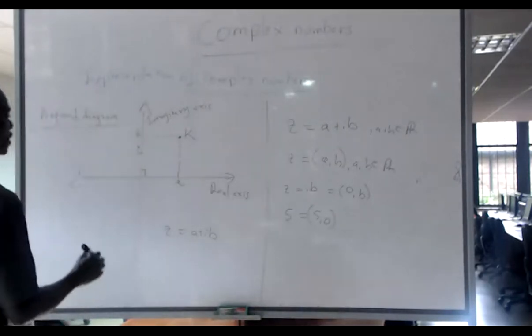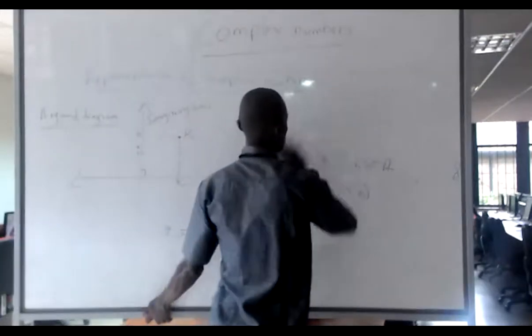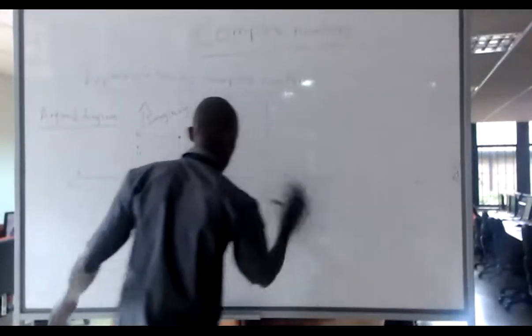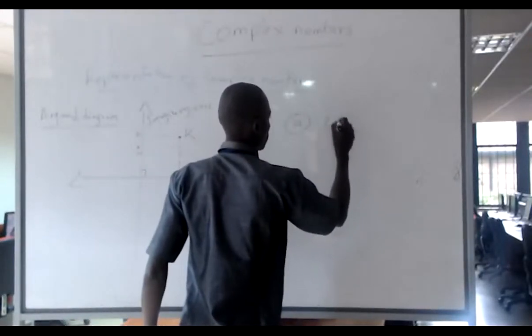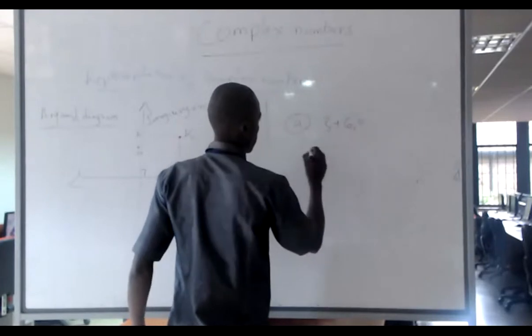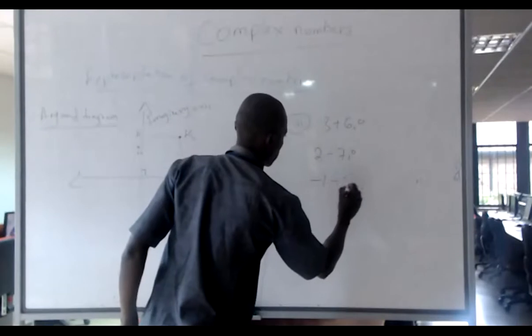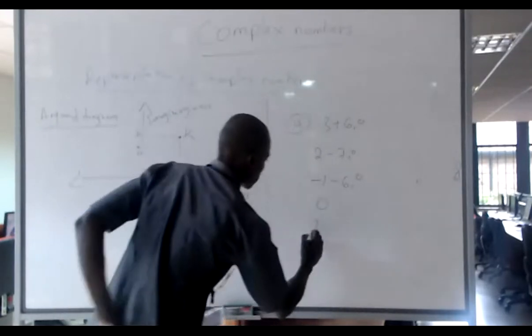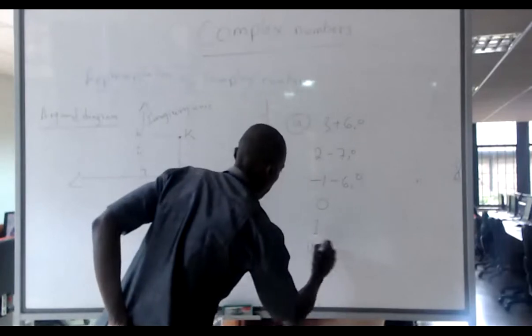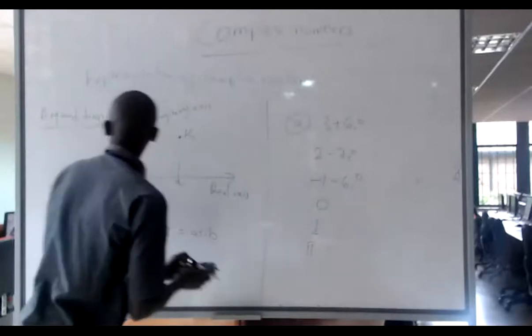So what happens here is that if you have a number, let me give you examples of how to represent numbers on this Argand diagram. Let's say we have 3 plus 6i, 2 minus 7i, -1 minus 6i, 0, 1, pi. We want to represent all these numbers on this Argand diagram.